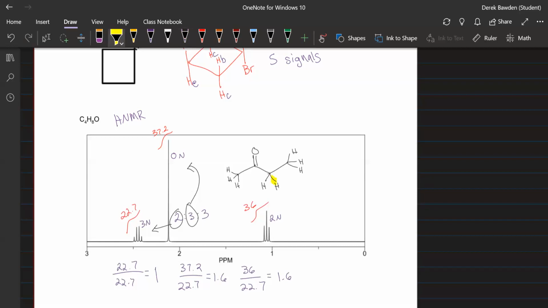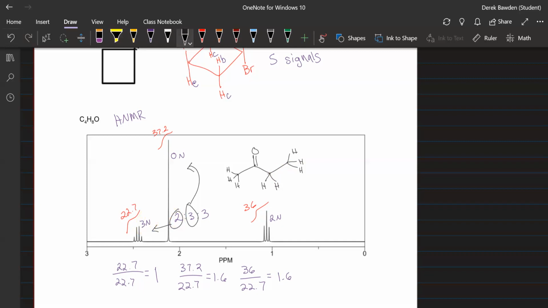So we have hydrogen, carbon, hydrogen bond. That's within 3 sigma bonds. Okay, 3 bonds away are our neighbors. So that does check out as well, that we have 2 hydrogens and 3 neighbors.